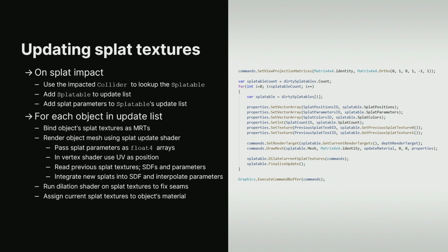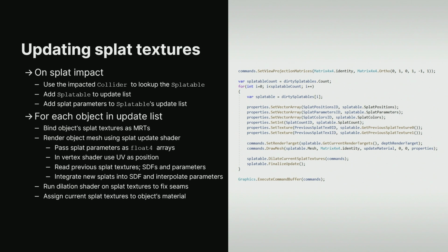And then each frame, when we want to update the textures for all of the objects, we find all of our splatables that have needed an update in that frame. From that, we now have a list of splats that should be added to their splat textures. And so what we do is we render the object's mesh using our special update shader. We pass splat parameters, so position and radius and the other values for the splat, into the shader via float-4 arrays.